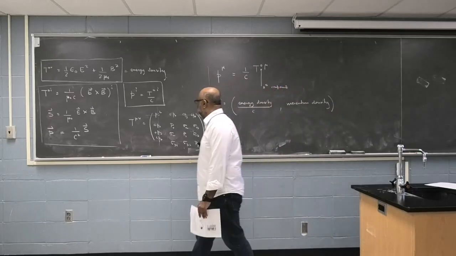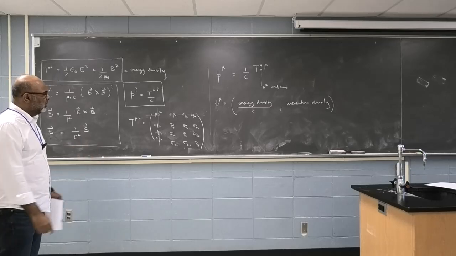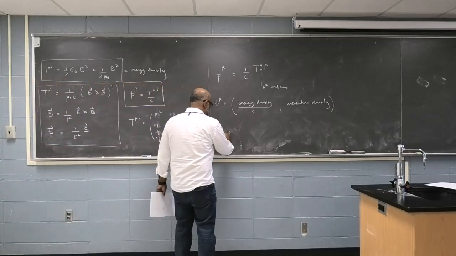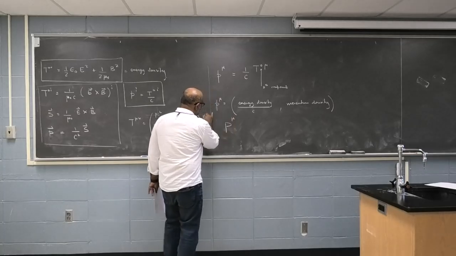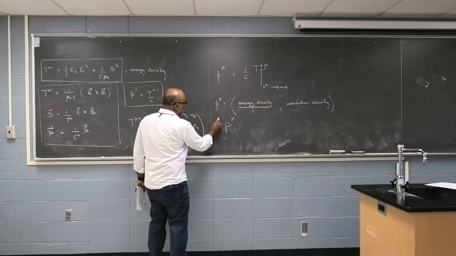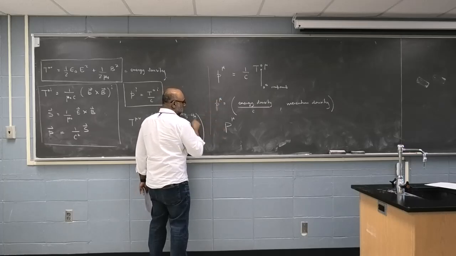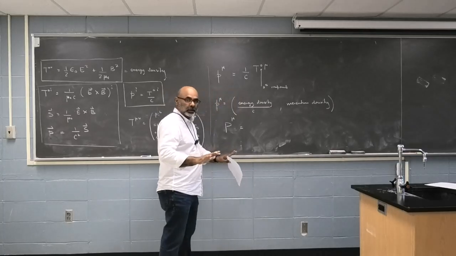Now, why would we bother defining something like this? We can easily create a conserved quantity. So I'm going to define P mu. Distinguish one from the other. This one has a little flag on the top. It's lowercase p. This is uppercase P. This is only true for a certain inertial frame.